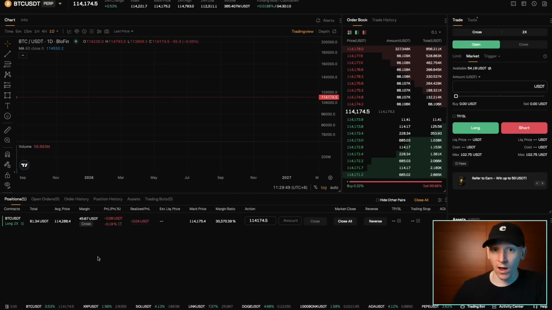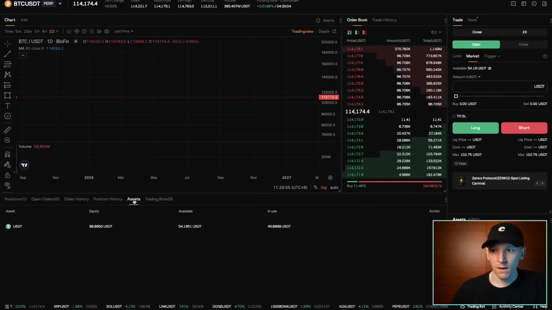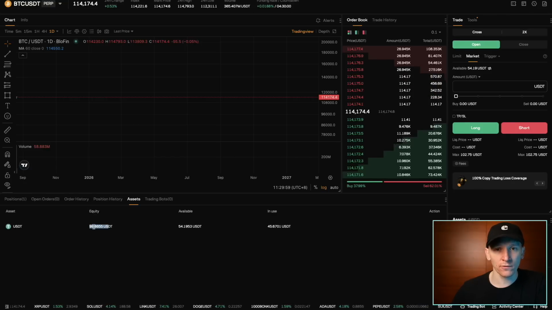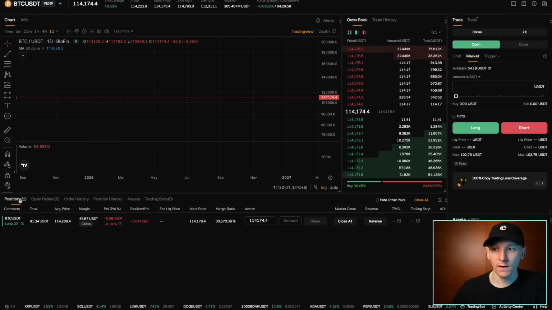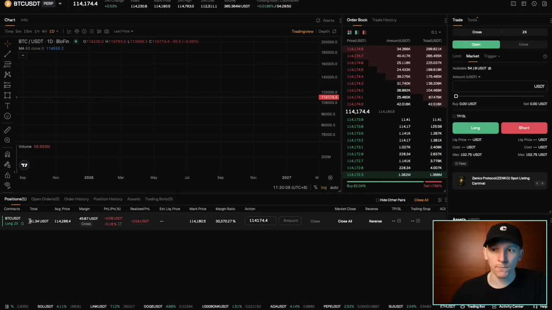So even though I've tied up $50 of margin for a $100 position, if you look at your assets, I have $100 of equity because I have this $100 cash, which means that my estimated liquidation is basically zero, because I have $100 cash to fund this position here.